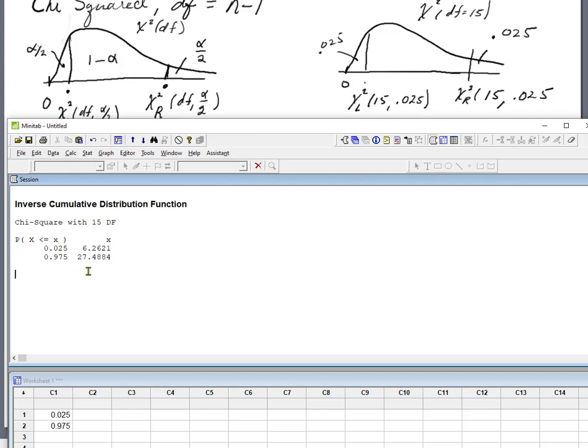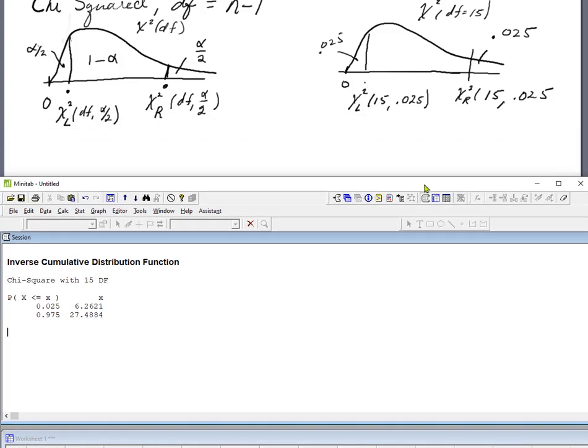then quicker than the blink of an eye, I see that this lower tail critical value is 6.2621, and the value up here is 27.4884. So those would be values that would cut the specified areas under the curve.